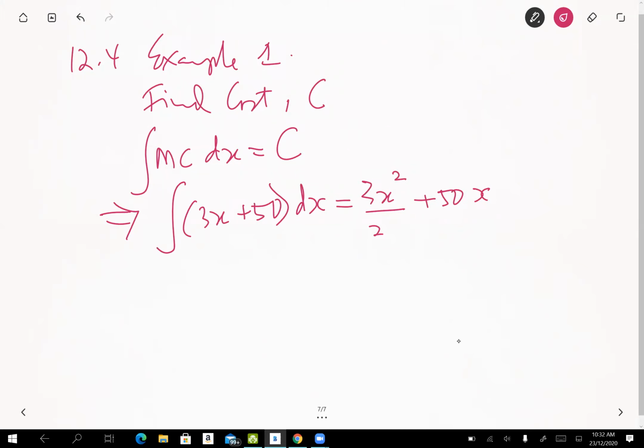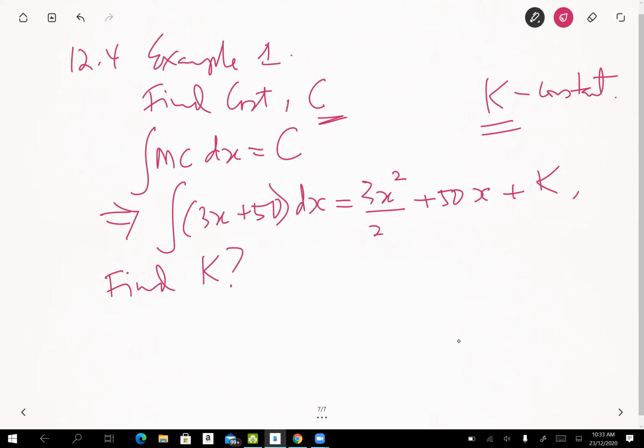Now here C is cost. So therefore, we need to change the constant. So now we use K, where K is the constant. Or we can use K all the way, that's fine. Now you want to find the value of K.